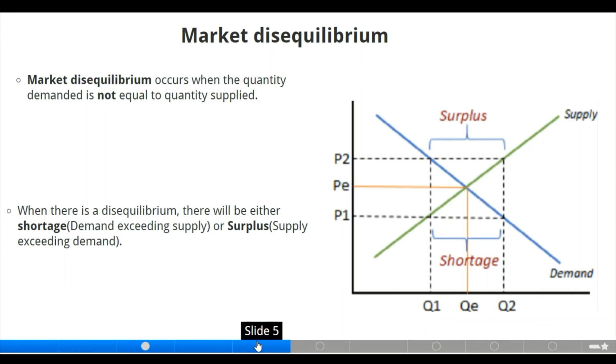When there is disequilibrium, there will be either a shortage, which means demand exceeding supply, or a surplus, supply exceeding demand. Here we have the surplus, that is supply exceeding demand, and here we have the shortage, where demand is exceeding supply.